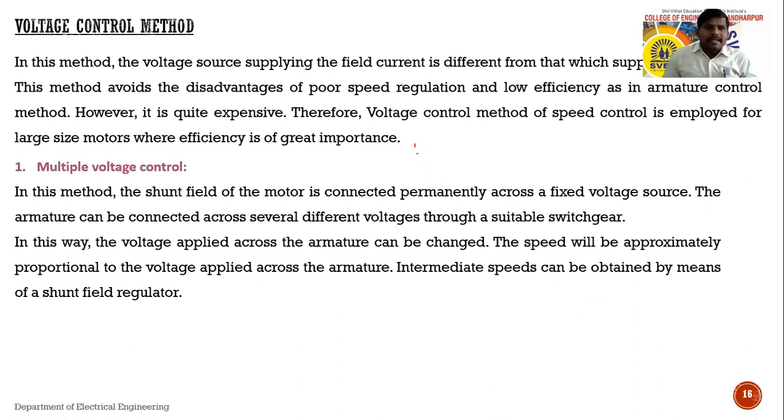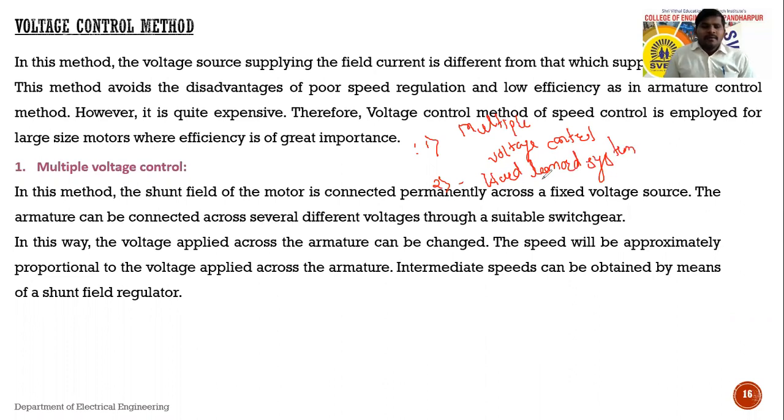It is classified into two methods. The first method is multiple voltage control, and the second method is the Ward-Leonard system of speed control.